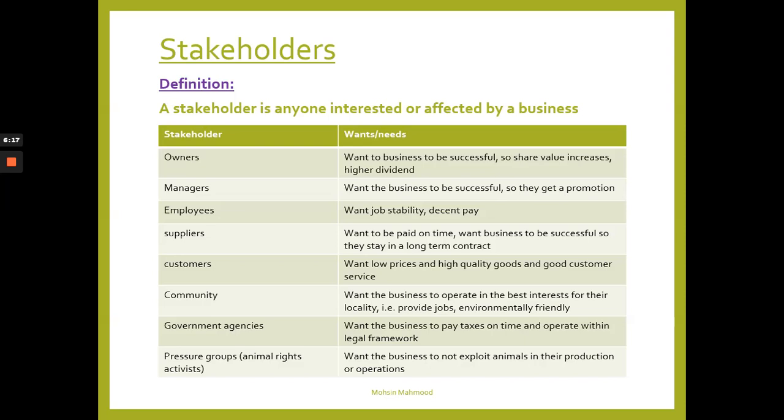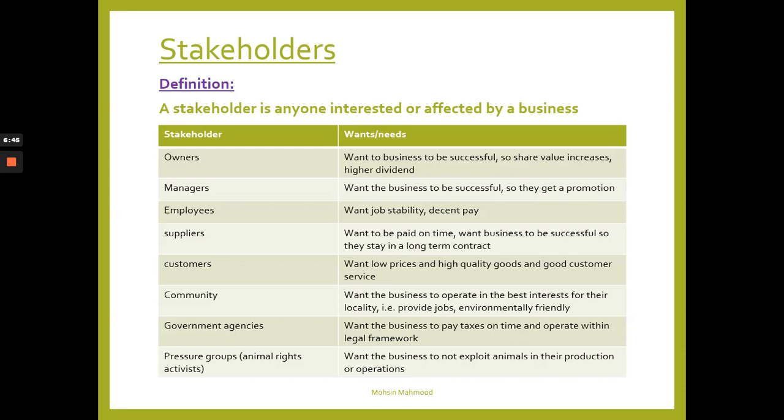And again, some owners, if it's not a PLC or an LTD, just want the business to be successful so they increase their profits. We've got managers. Managers want the business to be successful, maybe so that they get a promotion. Okay, employees, what they want is job stability, and they want decent pay as well, fair pay, fair wages.